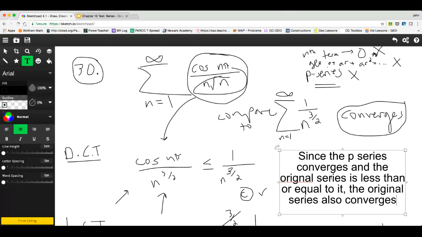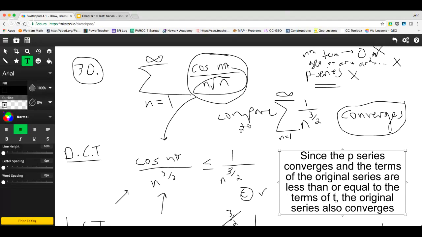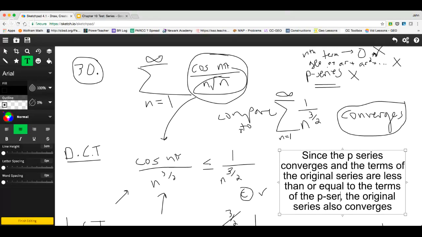To be precise, I should say the terms of the original series are less than or equal to the terms of the P series. That's what I did with this inequality, but if you're writing it out in words, it's less than or equal to the terms of the P series. The original series converges. Okay.